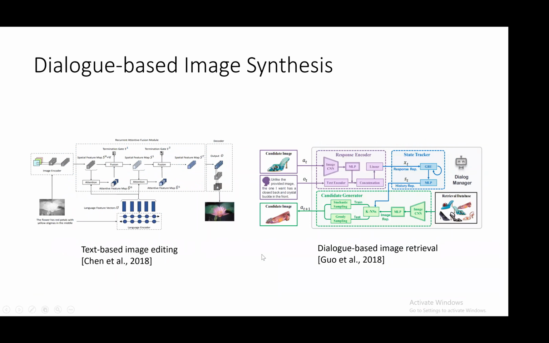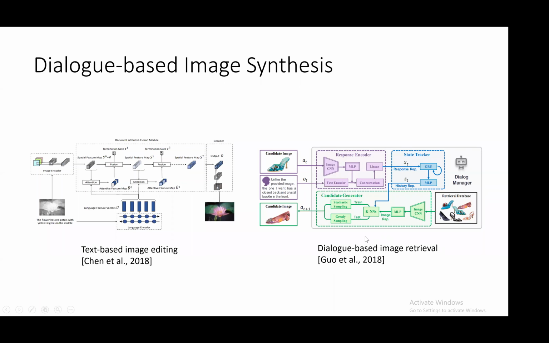Okay, let's move to the last section about dialogue-based image synthesis. The motivation of this task is that we have seen the task called image manipulation, which uses language to guide the image generation. And we have also seen dialogue-based image retrieval.